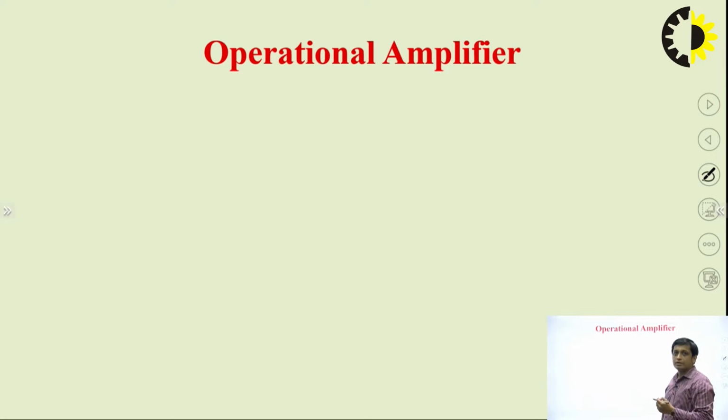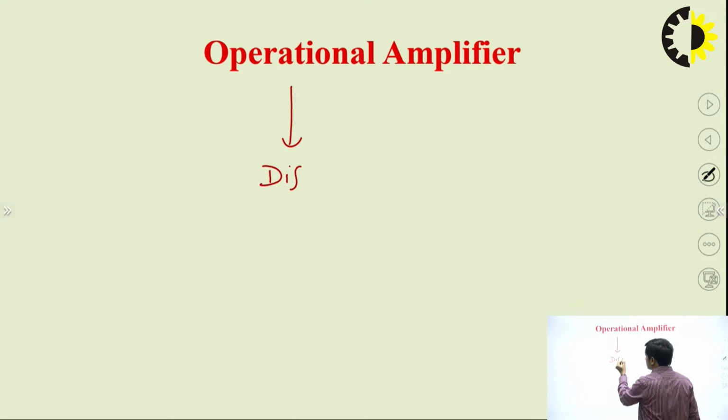So starting with the operational amplifier, basically as the name suggests, operational means it is used to perform different operations. Operational amplifier is the amplifier which is used to perform different operations, and the beauty of this operational amplifier is that it amplifies the difference between two input signals.